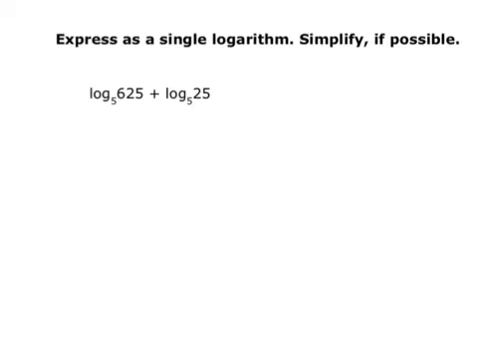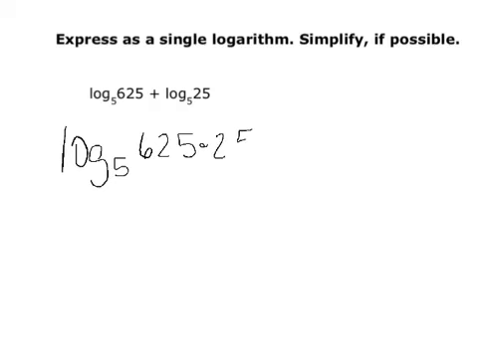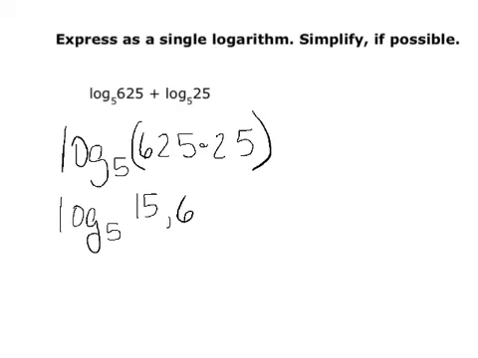Let's try another one. Express as a single logarithm. Simplify if possible. I have the same base, so that means I do log to the base 5 of 625 times 25. Okay, handy dandy calculator will tell you 625 times 25 is 15,625.